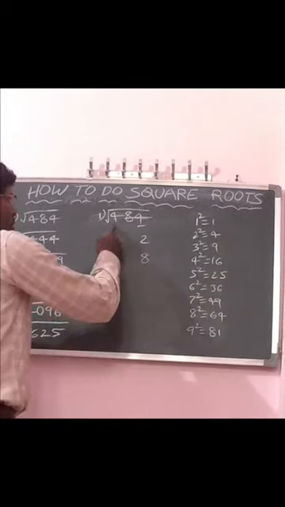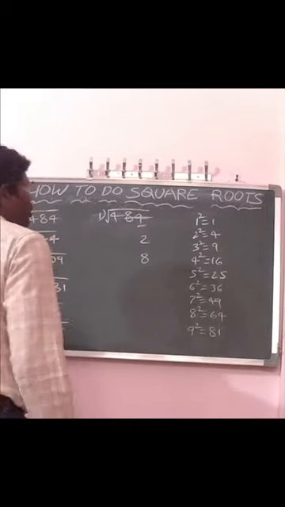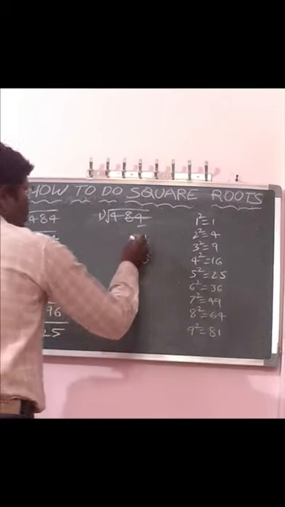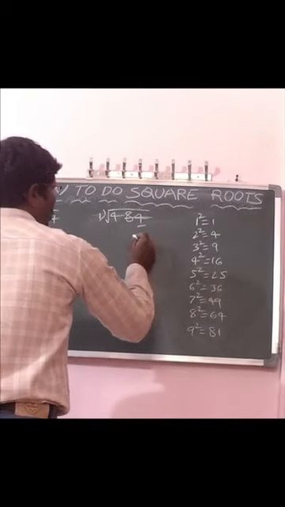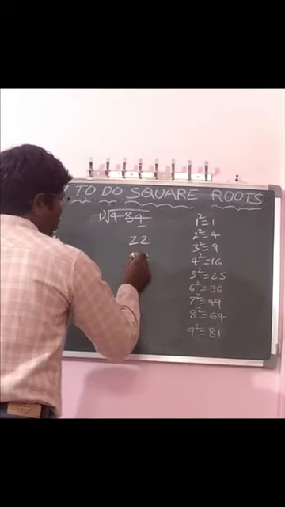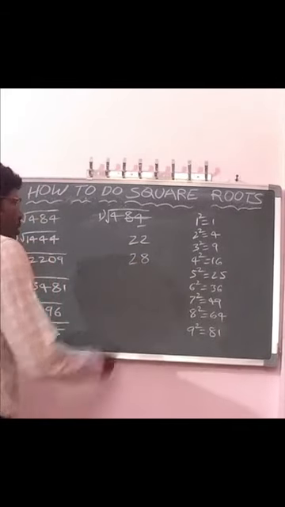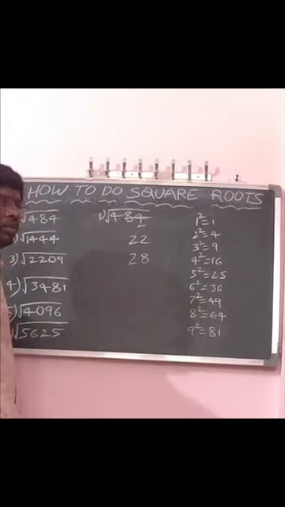See here, in the square values, 2 square is equal to 4. So the number is matched exactly with 4. So we can take the 2. 22 or 28. The answer is 22 or 28.